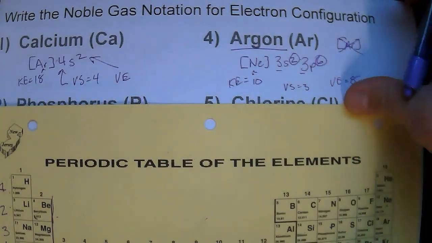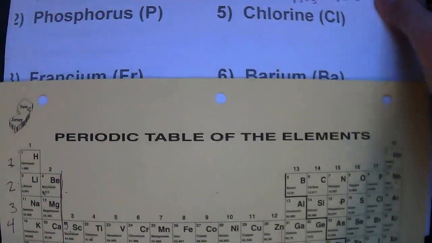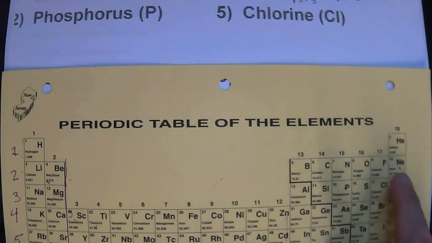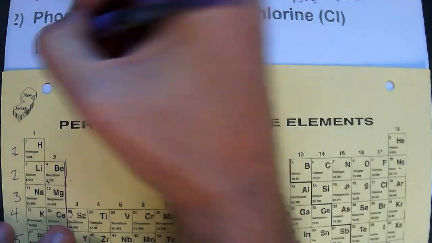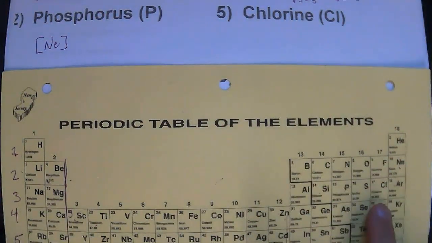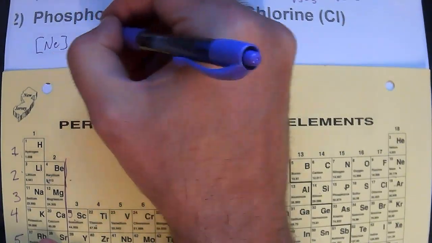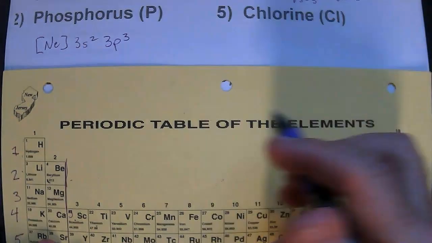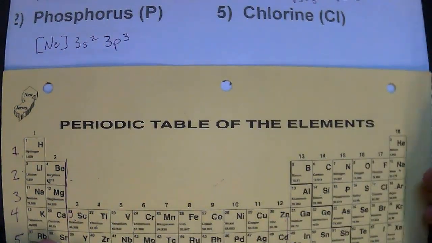Okay, we'll go a little bit more quickly. Phosphorus, again, is here. So we're going to go back to the previous noble gas, that's neon. Then we start at 3s2, 3p3. We can go through the kernel electrons, valence shell, and valence electrons for all of them, but I'm not going to.